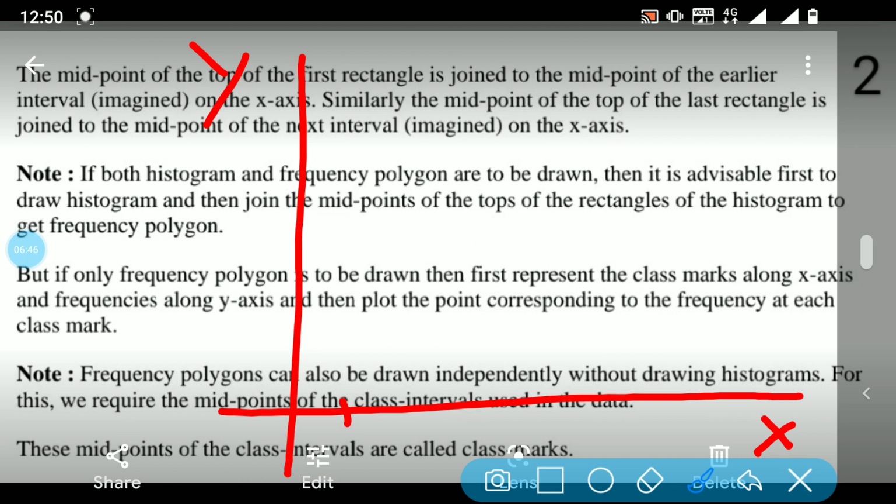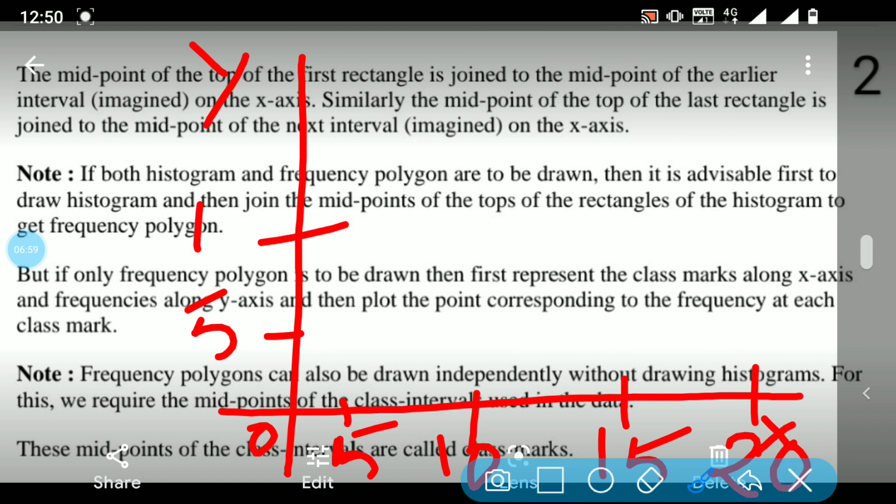Suppose the class intervals are given as 0 to 5, 5 to 10, 10 to 15 and 15 to 20, and this side is frequency 5, 10, 15. For 0 to 5 the frequency is 4, so up to here we will mark 4.